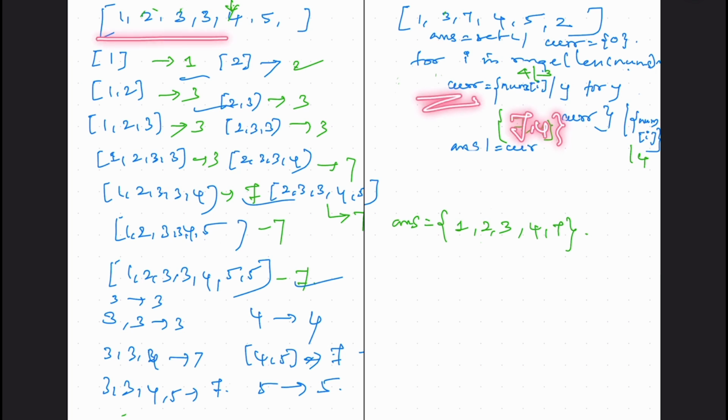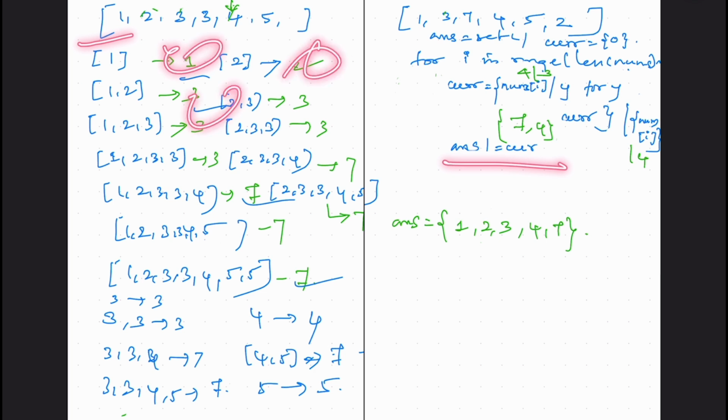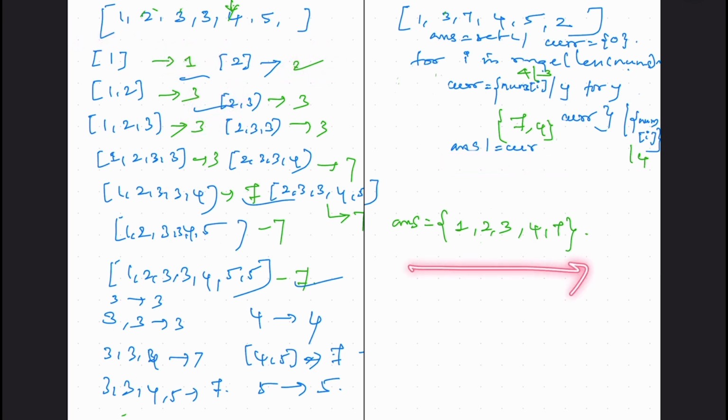So till this point we have only 7 and 4 as the unique combinations of OR values. Answer will have all the unique OR values that we got from the different subarrays, but till this point we would have included 4 as well in the subarray, and if you include 4, what are the results? We have only 4 and 7. Got it. Now we have current as 4 and 7. Our answer will include 1, 2, 3, 4, 7.